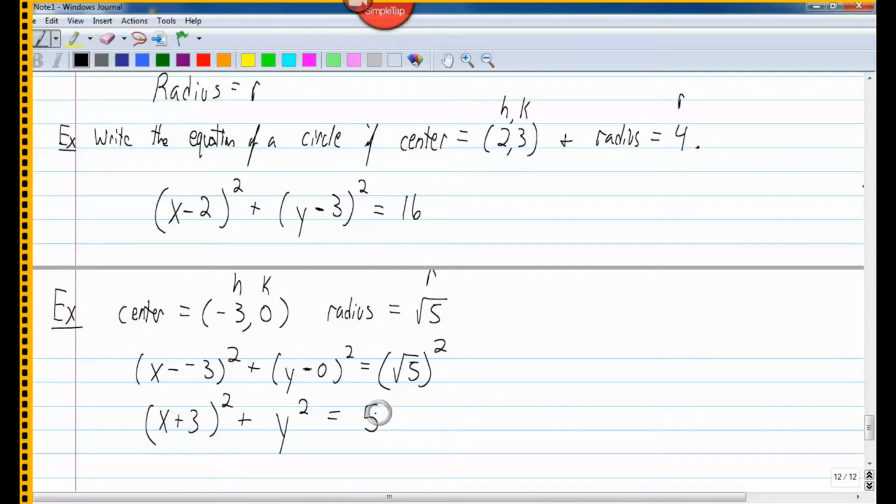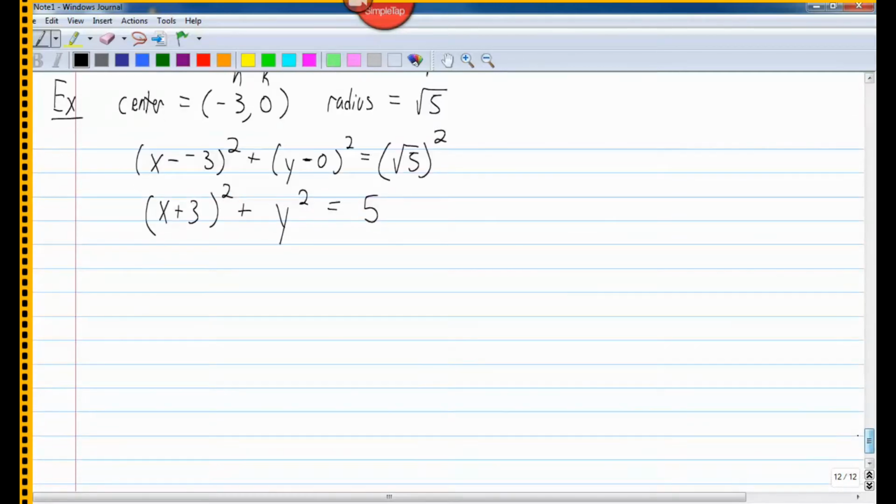And the radius is the square root of 5. So we should be able to go both ways. We should be able to take the center and radius and write it in standard form, or take an equation in standard form and figure out the center and the radius. Let's do that.